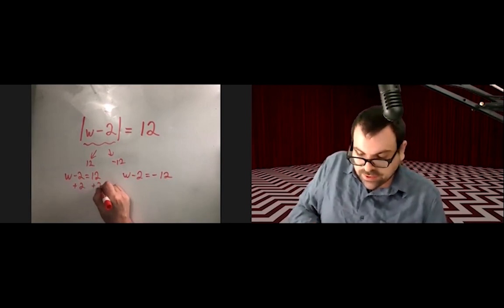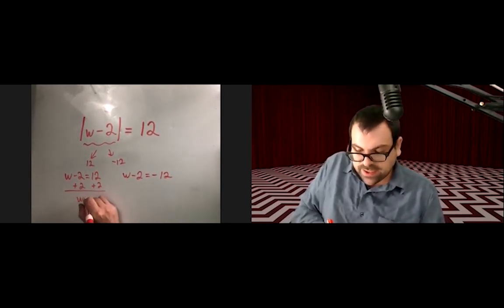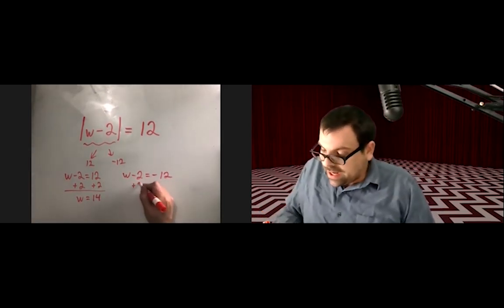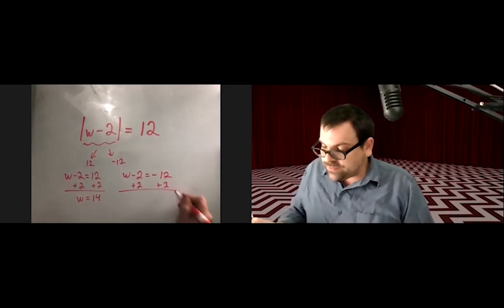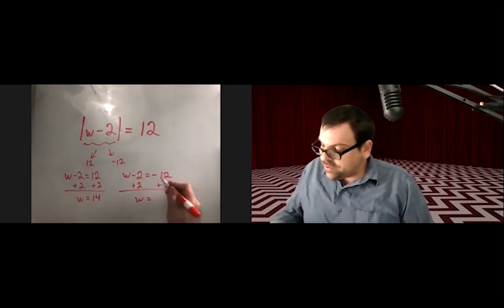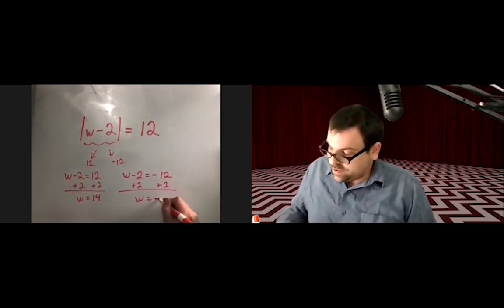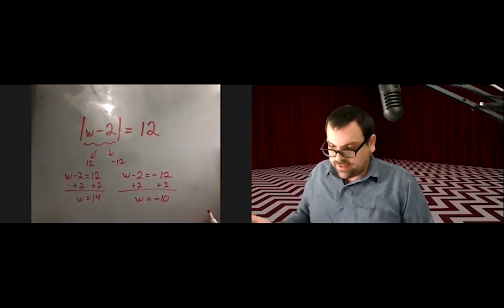I can add 2 to both sides of this one and get w equals 14. I can add 2 to both sides of this one and get w equals negative 12 plus 2, which is negative 10.